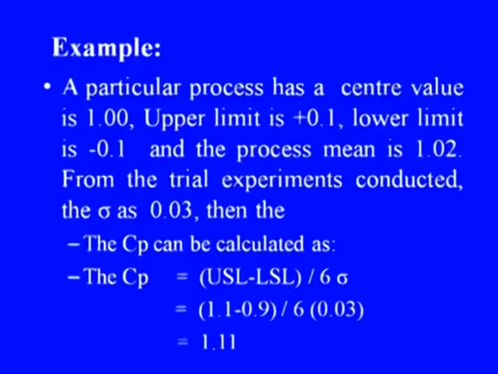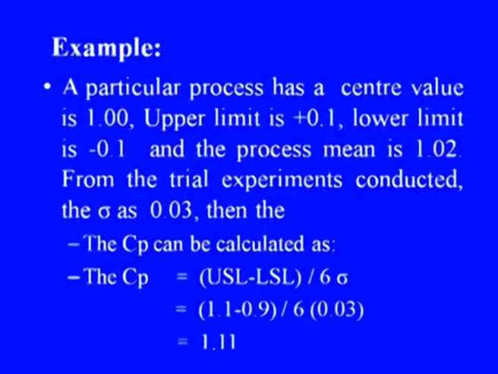A particular process has a center value, let us consider to be 1, and the upper limit is plus 0.1 while the lower limit is minus 0.1, and the process mean is 1.02.